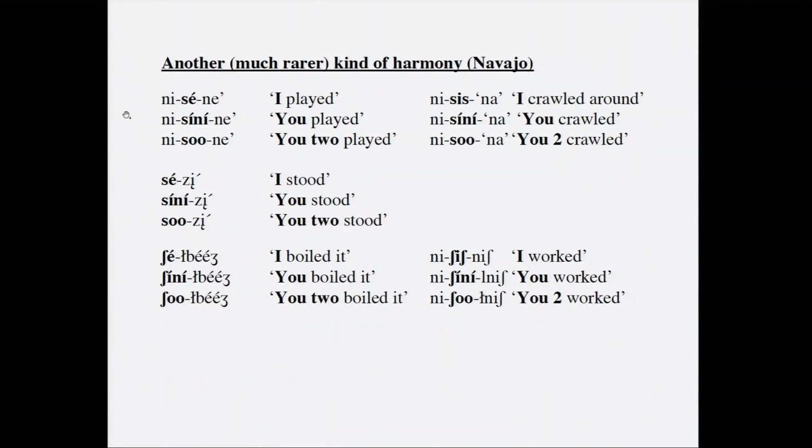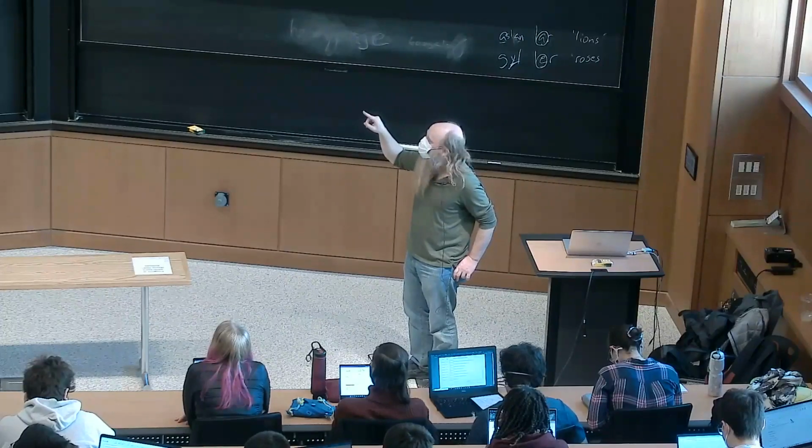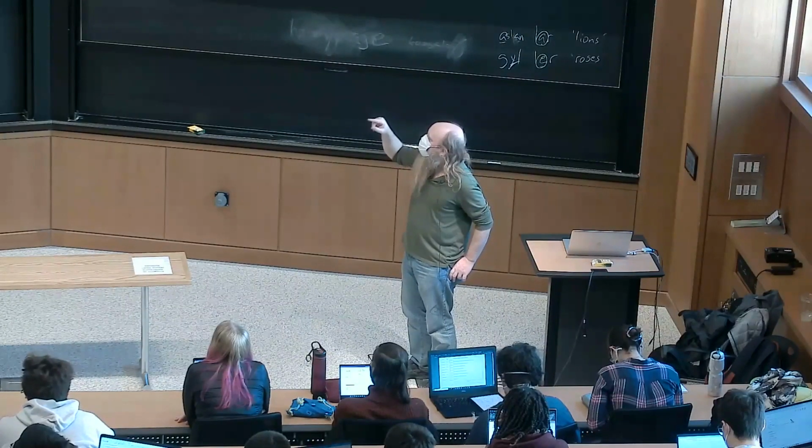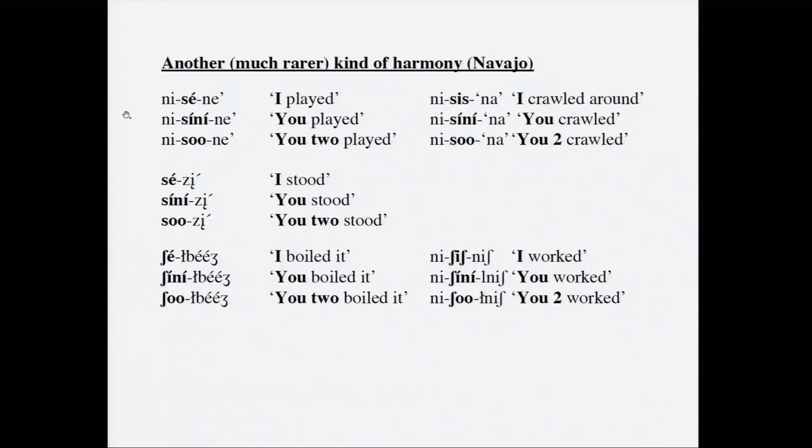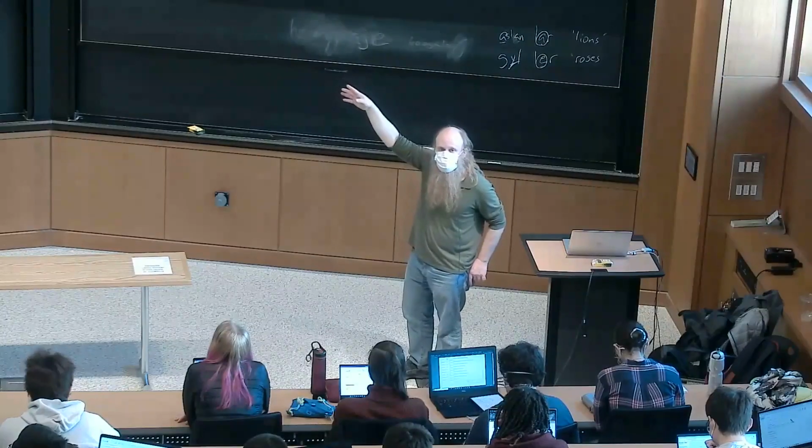So boil, the stem you can think of as spej, and work, the verb stem is nish. So boil has a zh in it and work has a sh in it. Whereas play and crawl around and stand either don't have sibilants in them at all, or in the case of stand, it has a sibilant, but it's not a post-alveolar sibilant, it's an alveolar sibilant, it's a z.